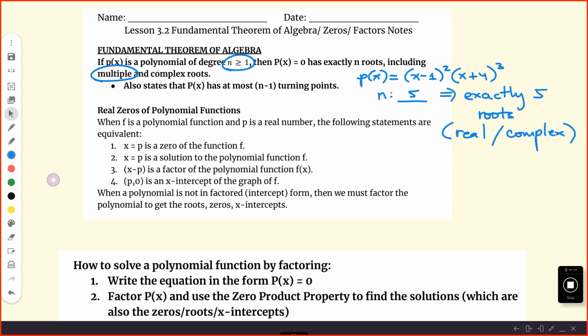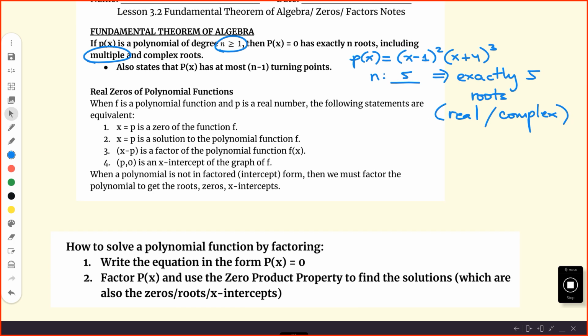Okay? Now, also it states that p of x has at most n minus 1 turning points. So therefore, if the degree is 5, we just have to subtract 1 to get the number of turning points. So this is going to be 5 minus 1.